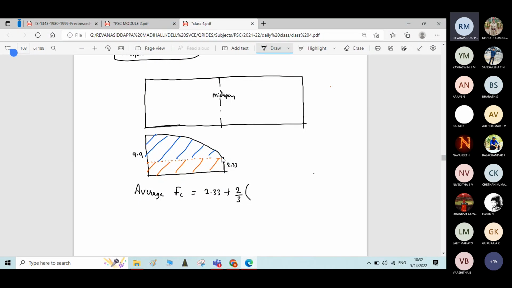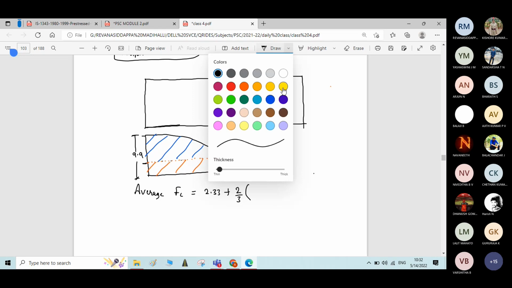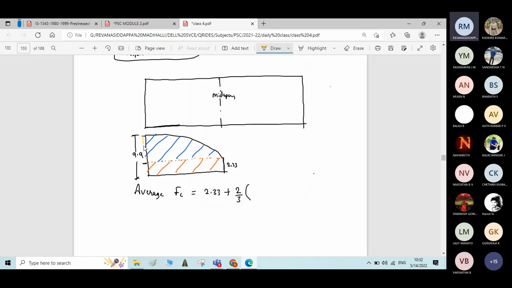Here it is 0, then total height is 9.9, so this height will be 9.9 minus 2.33.